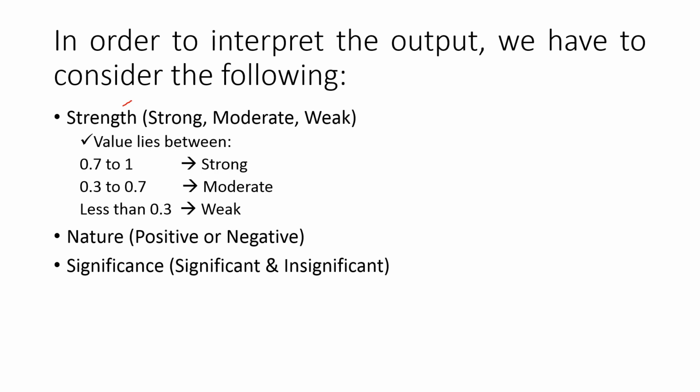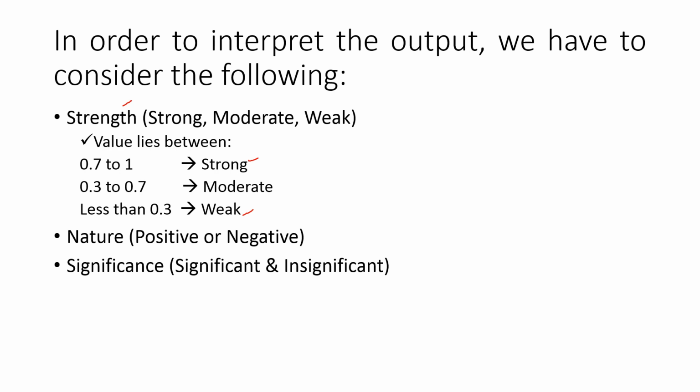If the value lies between 0.7 and 1, it is strong. If it is between 0.3 and 0.7, it is moderate. Less than 0.3, it is weak. So from the output we can analyze the strength, whether it has a strong, moderate or weak relation.